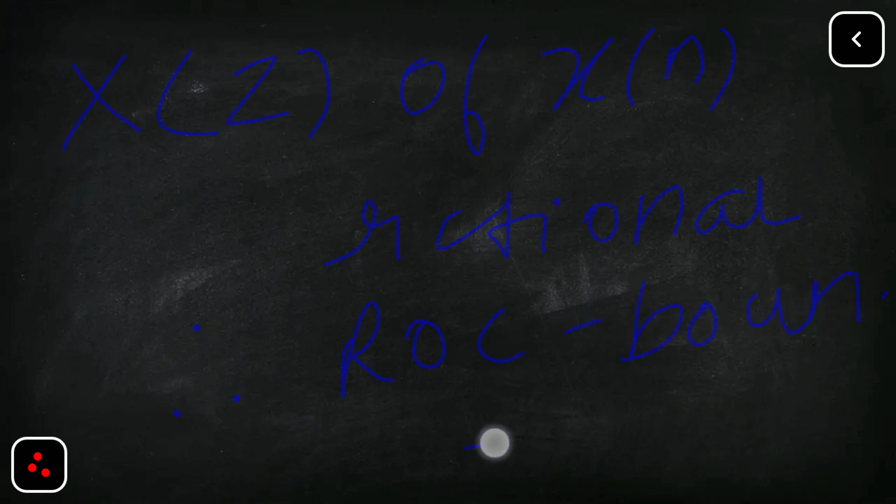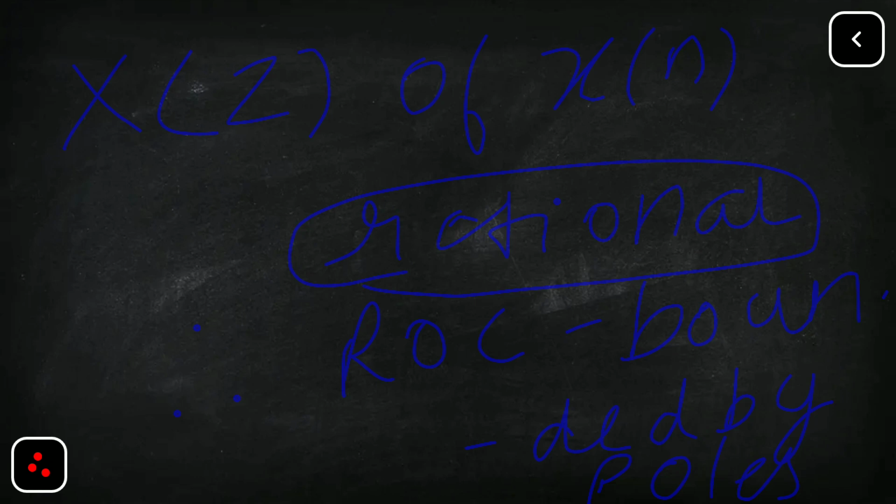So when is your ROC bounded by poles? Your ROC is bounded by poles only when the z transform x of z of x of n is rational. Therefore, your ROC is bounded by poles or they extend to infinity. And these are the properties of ROC.